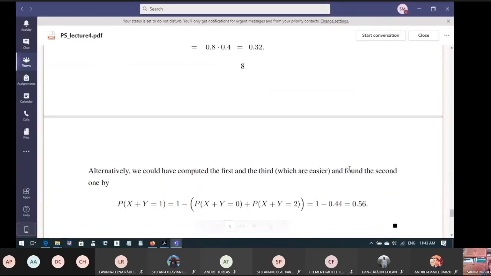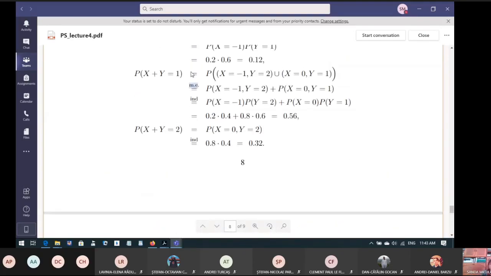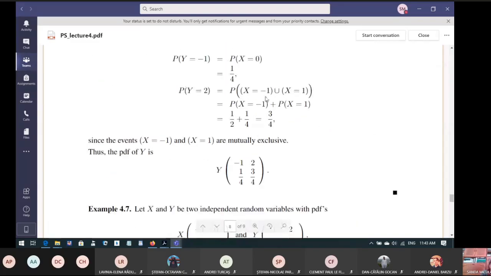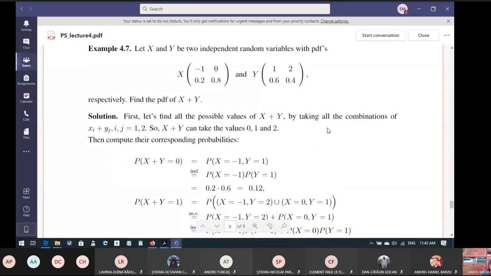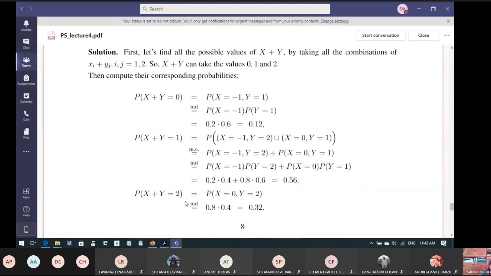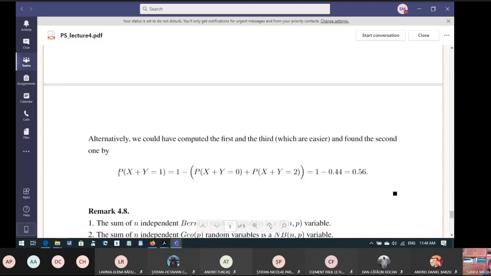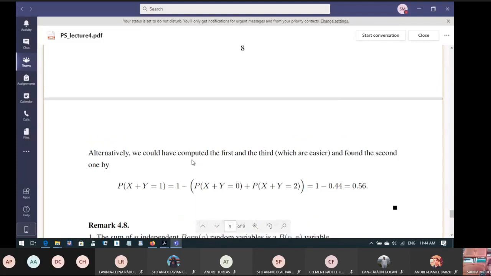Now, alternatively, and I specifically left this for last, okay? We could have avoided this part, just like we could have avoided this part here. You can do just some of these computations, and if you're really sure that nothing is wrong, then you can use for the last probability the fact that they have to add up to 1, okay?